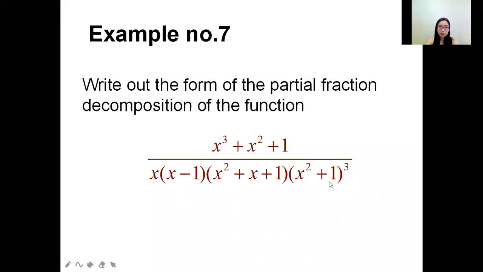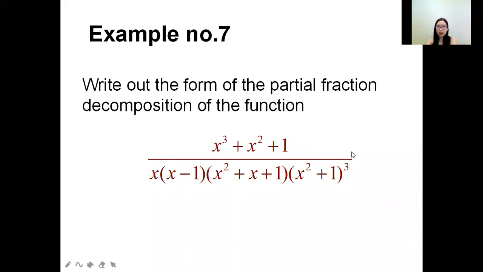So, for example, number 7, write out the form of the partial fraction decomposition of the function. So, magkuhan sa ta kung saan di siya pag-decompose ang iyahang partial fraction. So, given x cubed plus x squared plus 1 all over x times the quantity of x minus 1 times x squared plus x plus 1 times x squared plus 1 cubed.